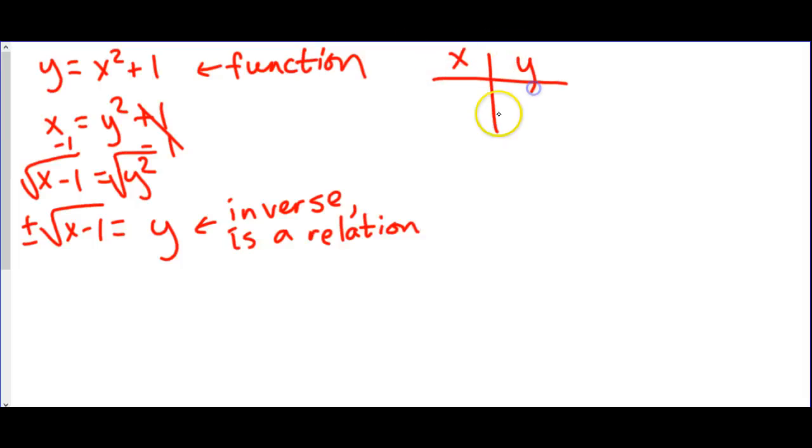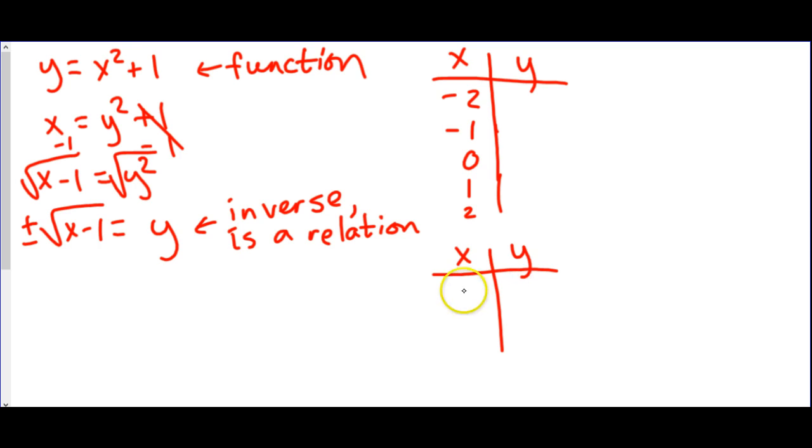So if we were to make a table, let's say -2, -1, 0, 1, 2 for our function, and then we were to make a table for our relation, let's go 1, 2, 3. Then that can tell us the difference between a function and a relation. So let's check it out.